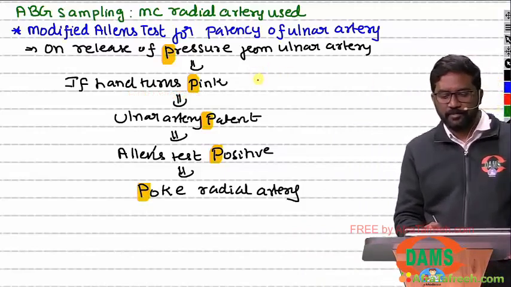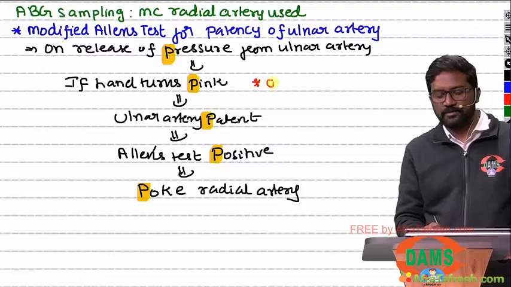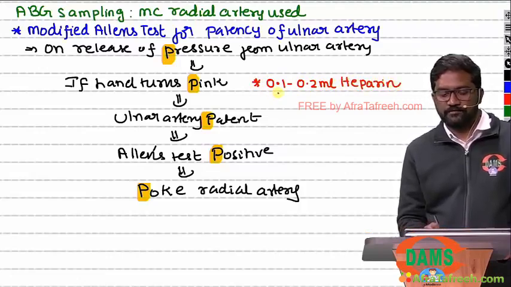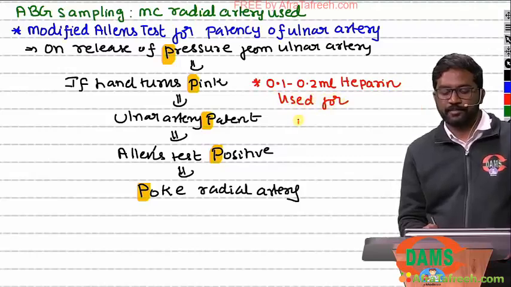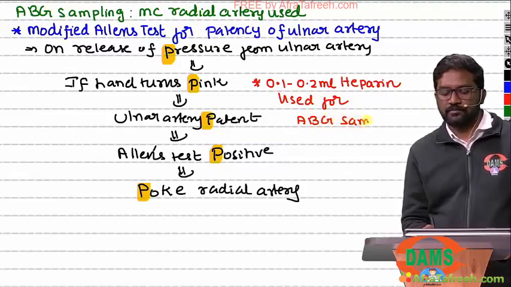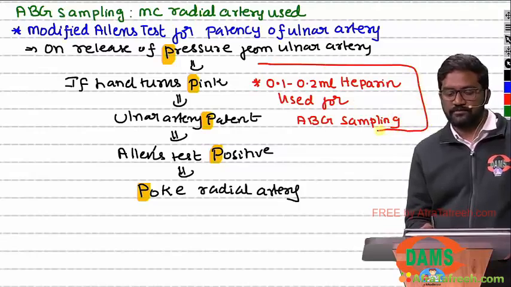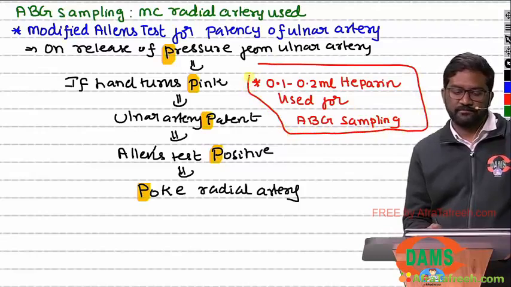What is that? Heparin. How much heparin? Write down. 0.12 ml heparin is used for ABG sampling. So why does heparin have to be used? Because if the blood is clotted, the sample is wasted.